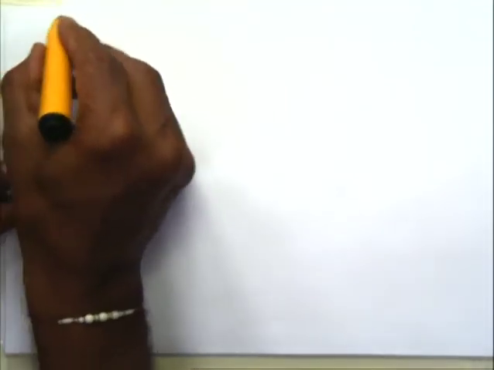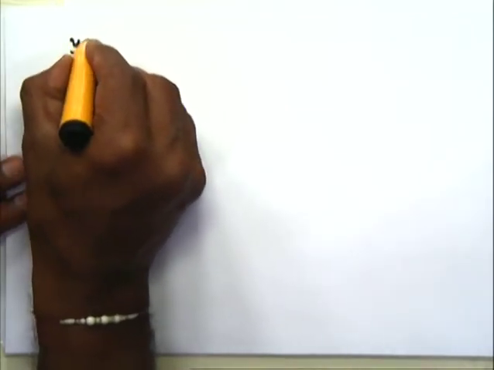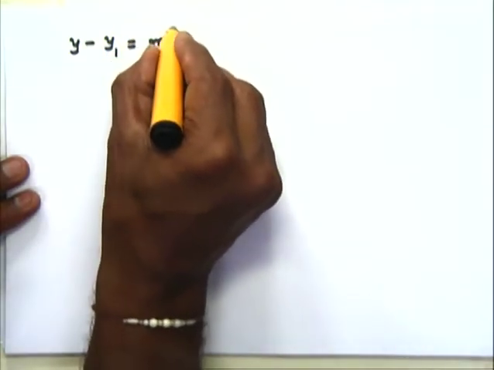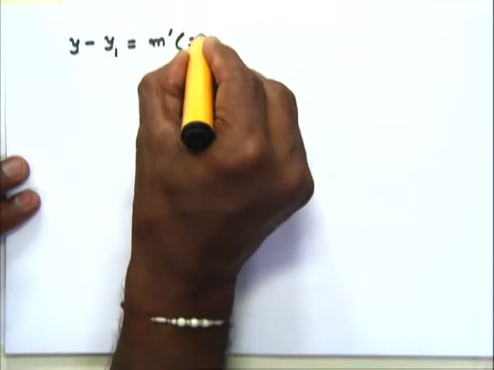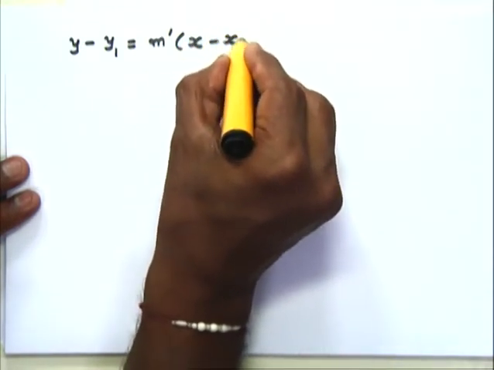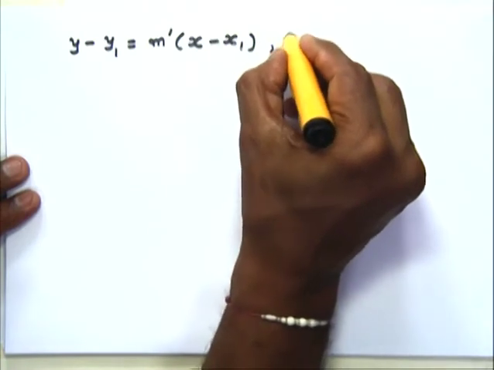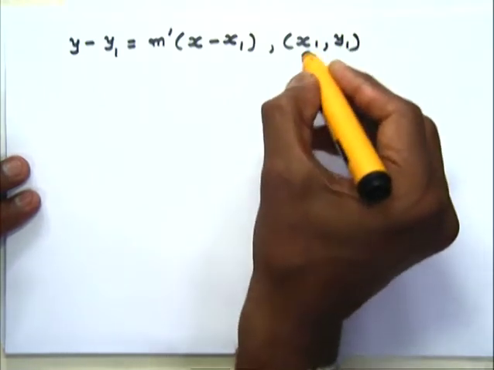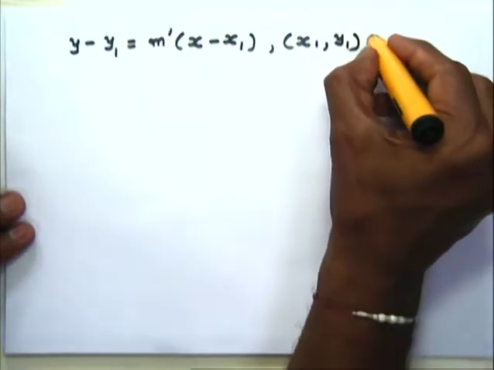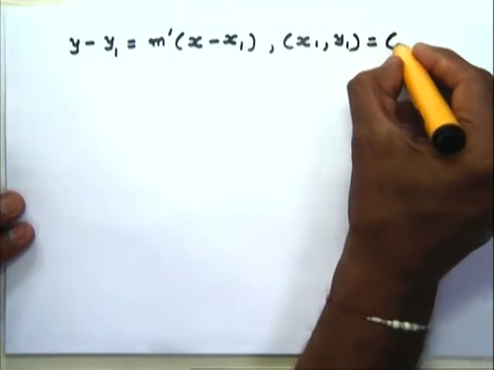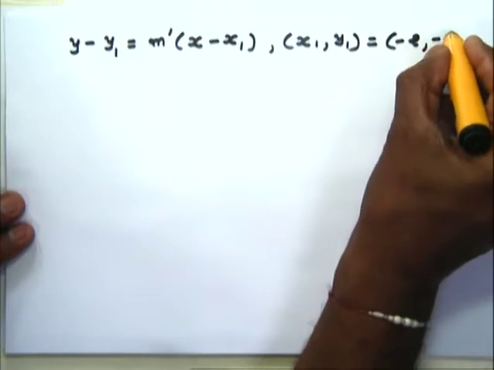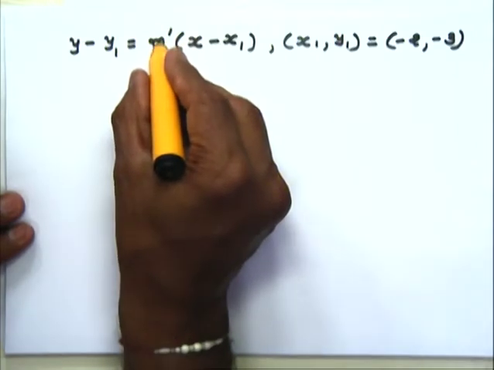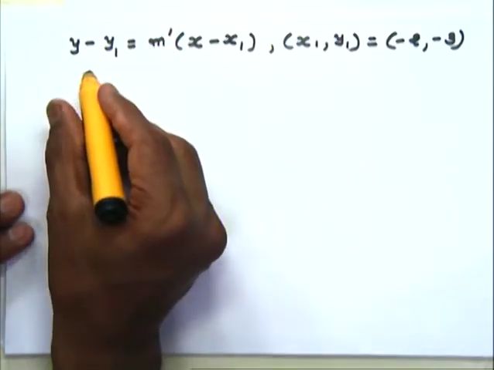Equation of the required line is y minus y1 equal to m dash times x minus x1, where x1, y1 is the point given to us through which the required line passes, minus 2, minus 3. The value of the slope is also there, namely minus 3 by 2.